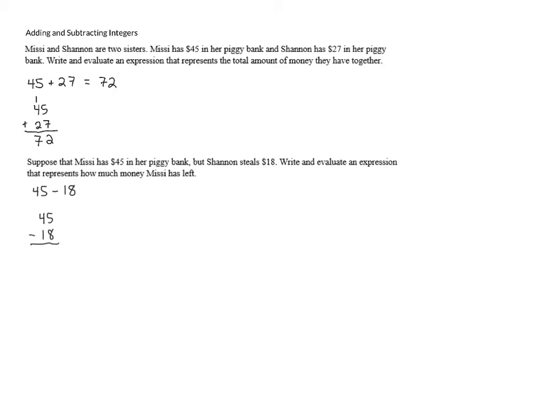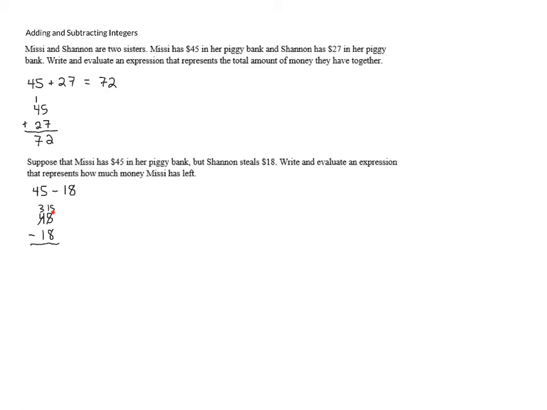We run into a little problem here. We can't do 5 minus 8. So in a situation like this, we're going to have to borrow. We borrow from the 4, that 4 becomes a 3, and then that 5 becomes a 15. And the reason it becomes a 15 is when we change that 4 to a 3, we got rid of 1, but that 1 was in the tens place, so it represented a 10.